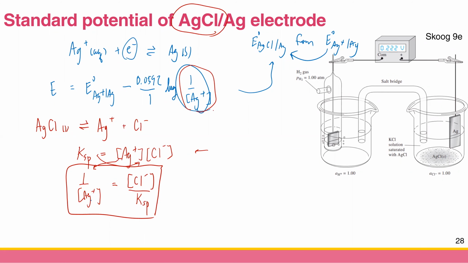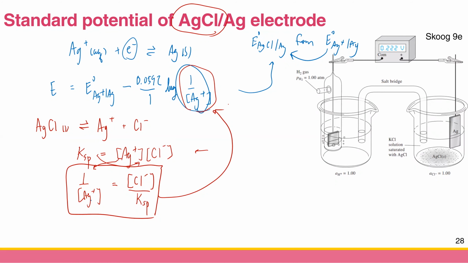So this is going to be 1 over silver equal to chloride over KSP. This is what you have to substitute in this expression. This is like normal algebra. So let's move to the next page. What do you have? Let me copy that again.